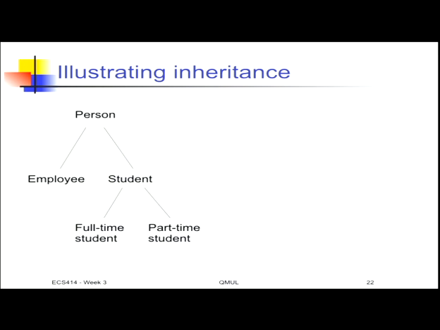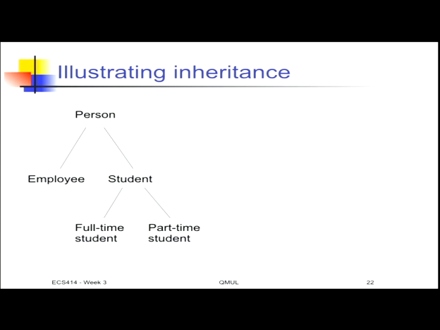Say employee and student are subclasses of person, but they don't have any relationship between the two, apart from having a common superclass.